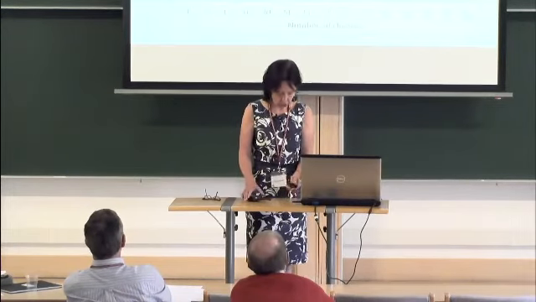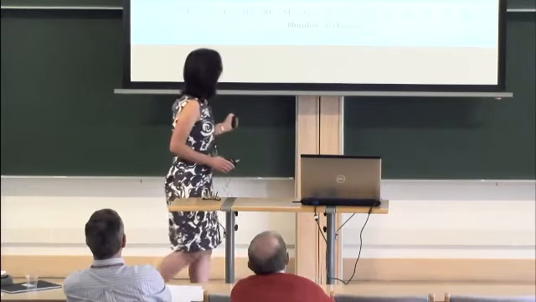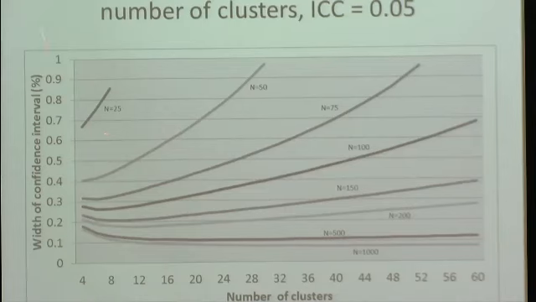And what the graph shows you is, up here, the width of the confidence interval. Remember, we're looking at ICCs round about 0.05, 0.03, 0.01, and in some trials it can make a lot of difference whether your ICC is 0.01 or 0.05.